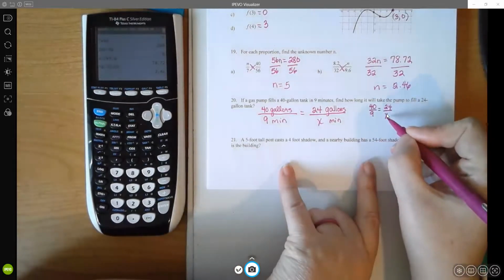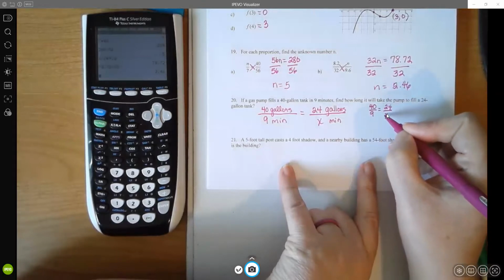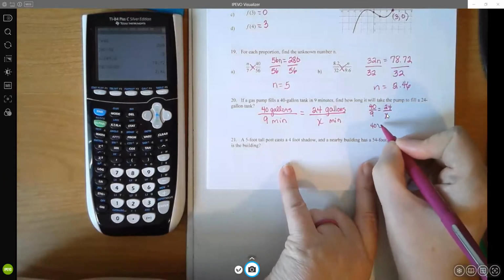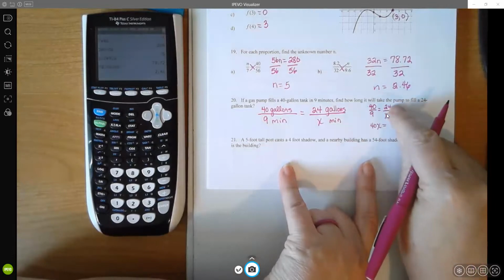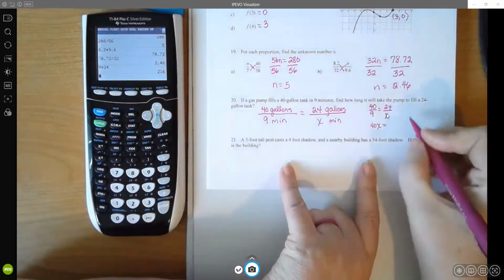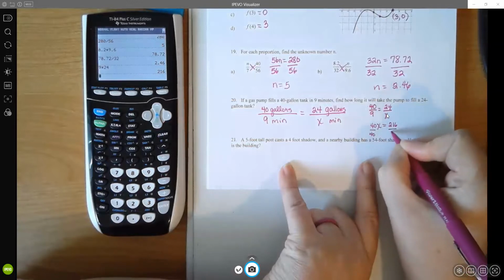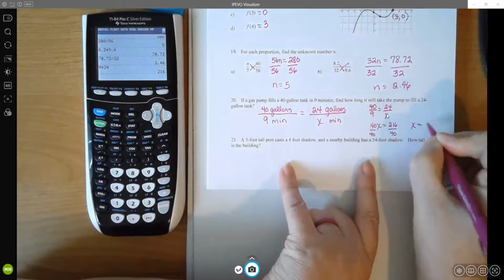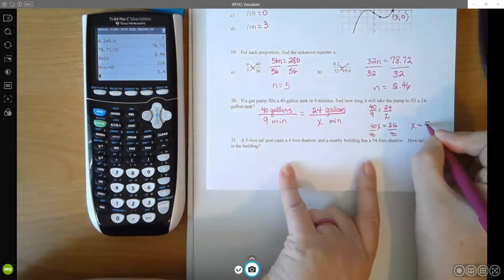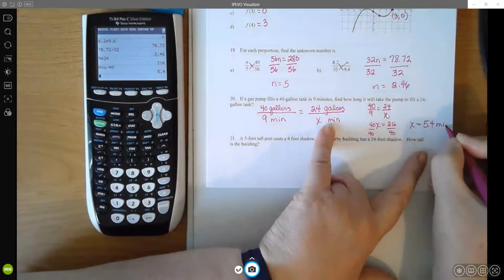So I find my x first and multiply it by what's across, and that would be 40x equals 9 times 24, which would be 216. And then divide both sides by 40. That gives me x equals 5.4. And since my x would be in minutes, that would be 5.4 minutes.